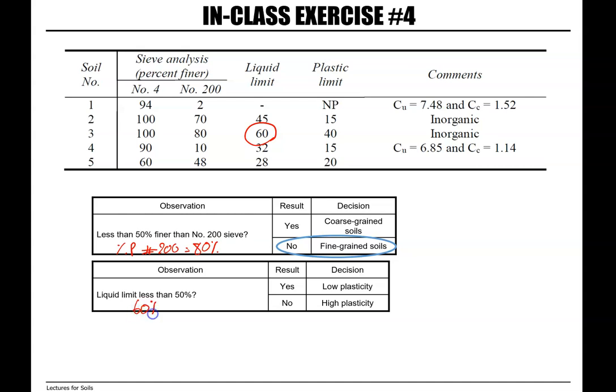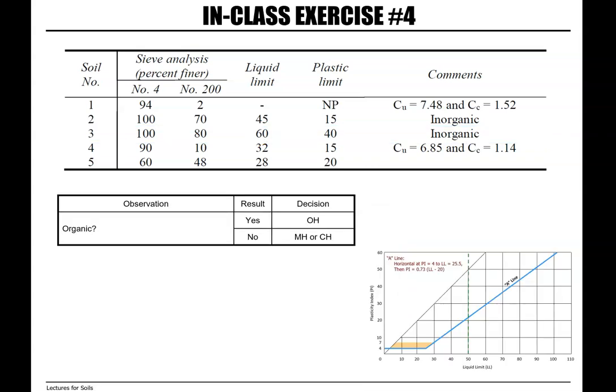Liquid limit is 60%, means that we have high plasticity. So we're going to use letter H to describe our soil. Organic? No, our sample is inorganic.